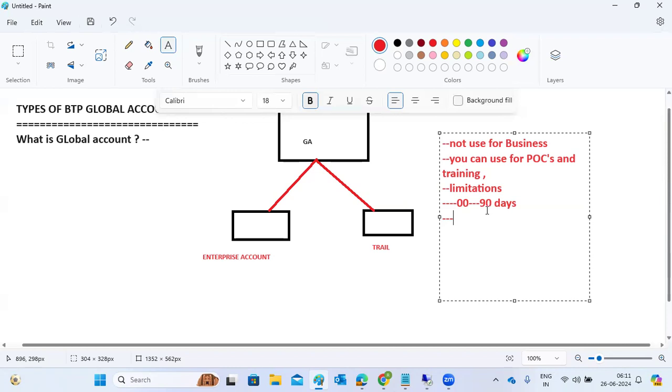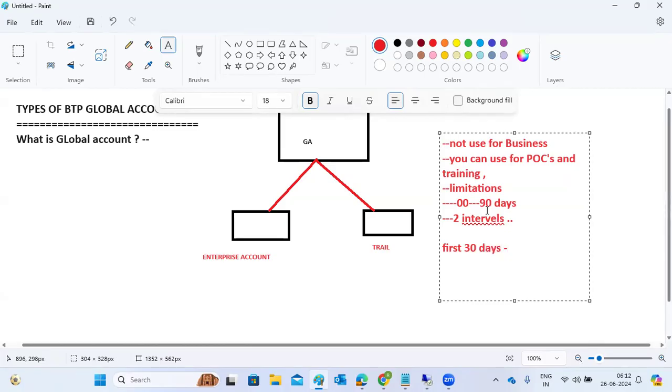In the 90-day free trial period there are two intervals. For the first 30 days, you should use your trial account.